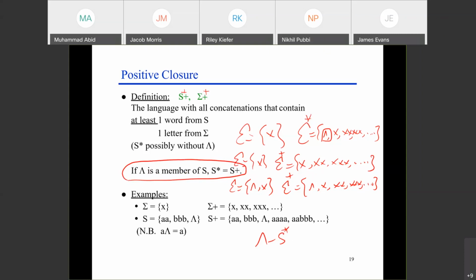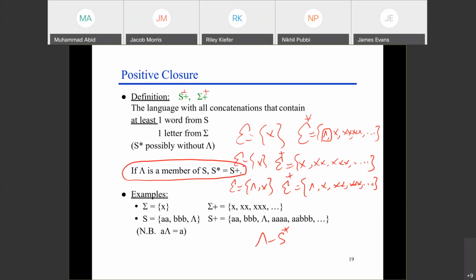If lambda is a member of S, then S star is equal to S plus. Then there is no difference between the positive closure and the star closure. But if lambda is not a member of your S, then you will not see lambda in your language. So positive closure will not bring lambda by itself. That's the only difference.